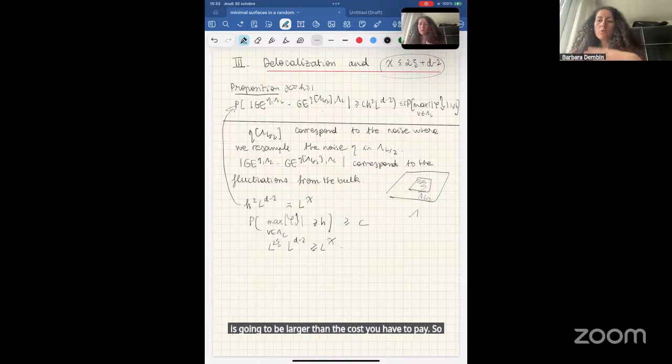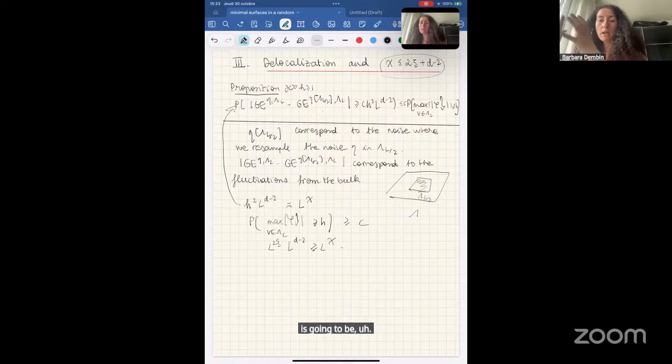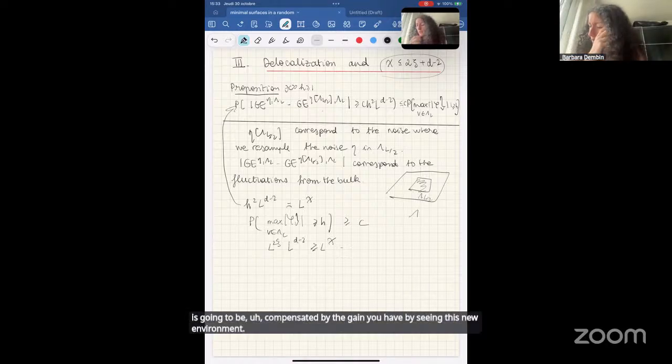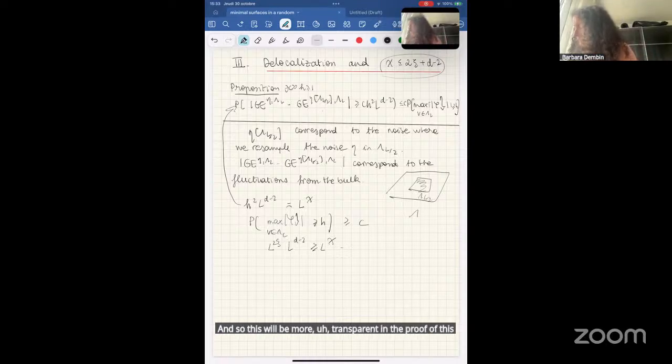So a typical surface will indeed go up to height h, because the cost to go up to height h is going to be compensated by the gain you have by seeing this new environment. And this will be more transparent in the proof of this proposition.